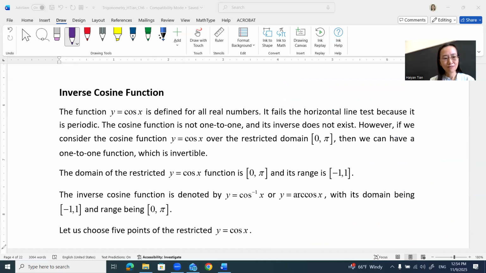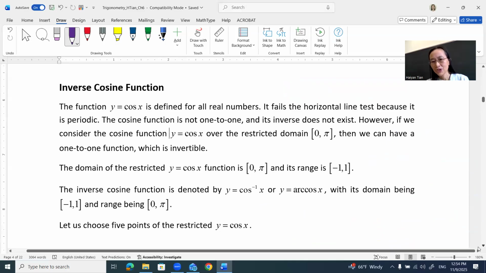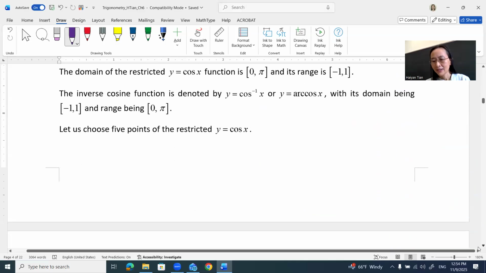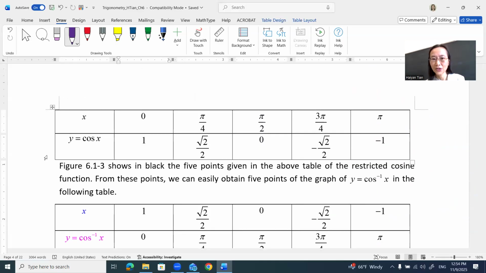Now let's do a sketch of the inverse cosine function. To do a sketch, we make use of the cosine, since we're restricting the cosine function from 0 to pi.